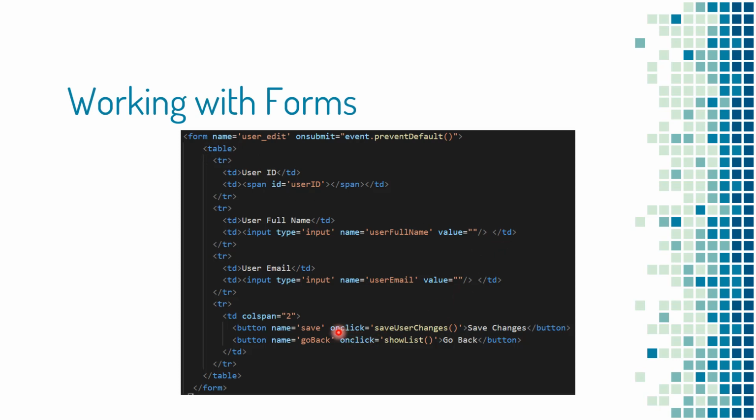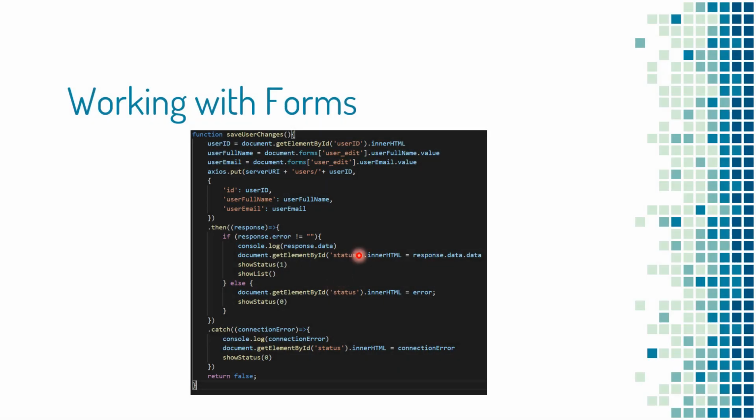Okay, once the user clicks on, let's say, save changes, this function will be triggered. It takes all this information and does some initial processing on it, then sends it over to the backend. So this is the save changes.